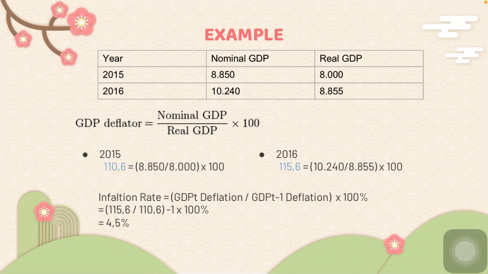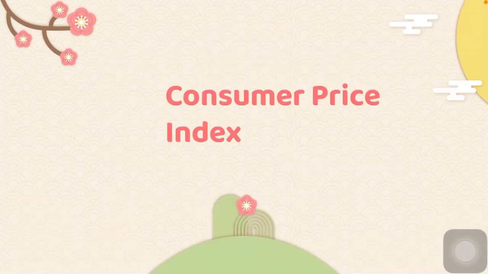And then the inflation rate is the GDP deflator divided by the previous year's GDP deflator minus 1, which is 4.5%.